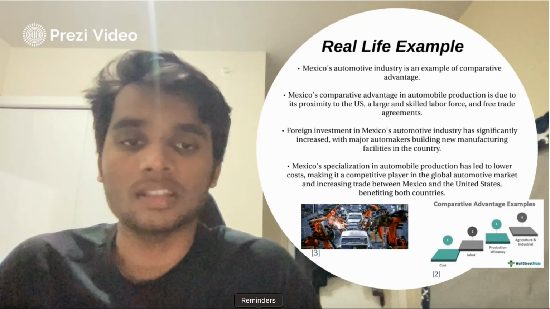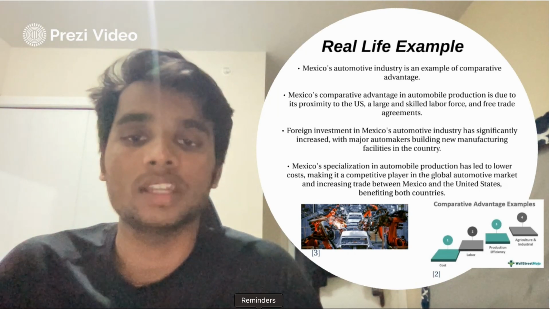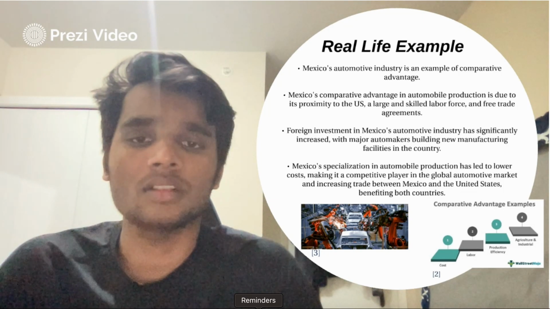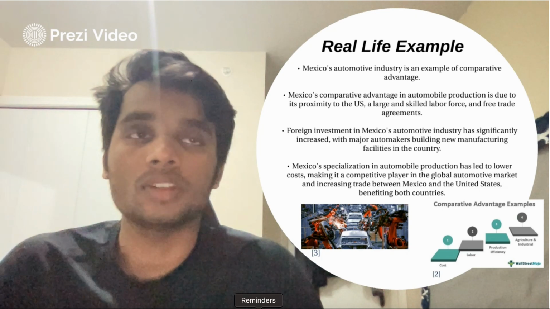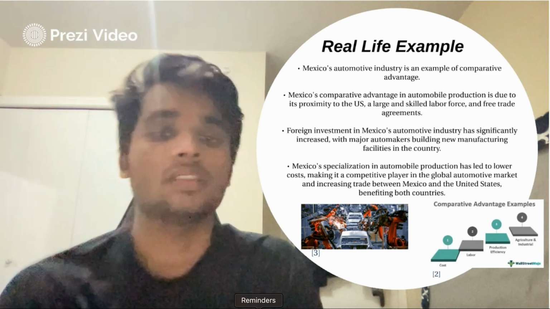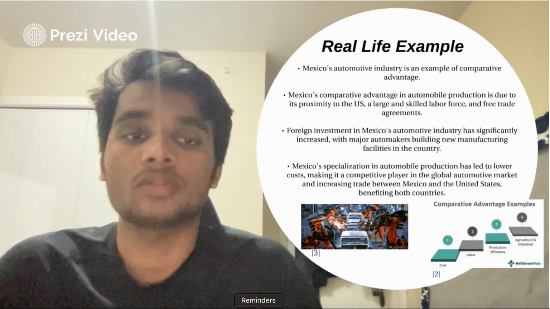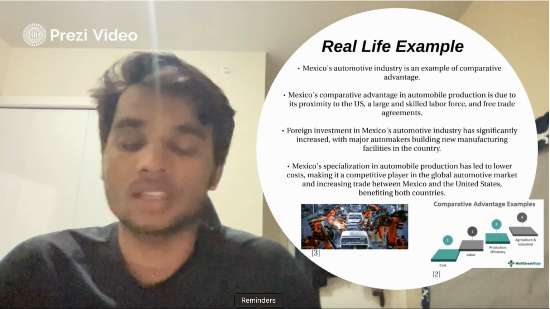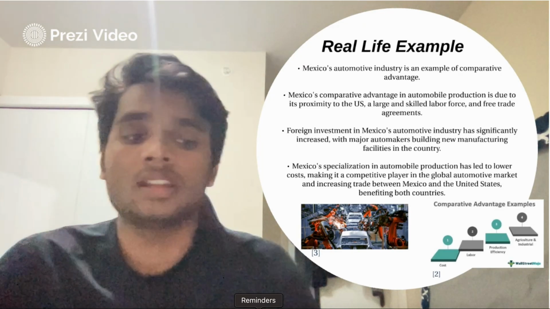And this basically told all the companies to go to Mexico and manufacture products. And it also has skilled labor forces as well. And so the automotive industry itself boomed very much, and this gave Mexico a comparative advantage to produce vehicles in the last 2 years. And yeah, that would be a great example for comparative advantage.